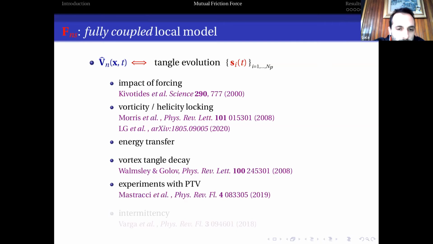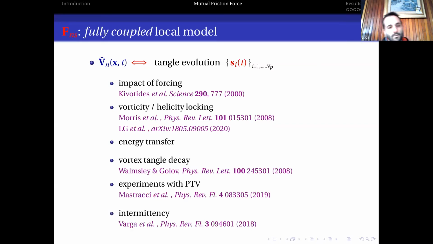Also, the experiments recently with PTV showing some particularities of the fluctuation of the normal fluid velocity, which is ascribed to the wake created by the superfluid vortices moving relative to the normal fluid, could be investigated with a fully coupled model.